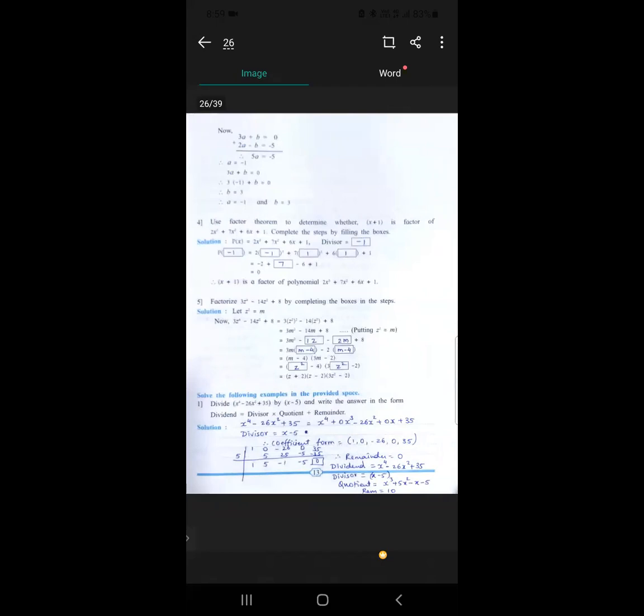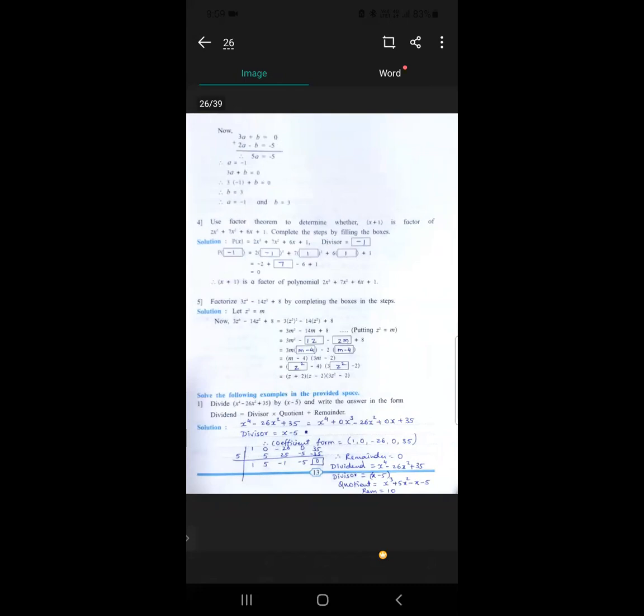In the previous lecture we completed till page number 12, and on page number 13, which you can see on your screen right now, we completed till question number 5.